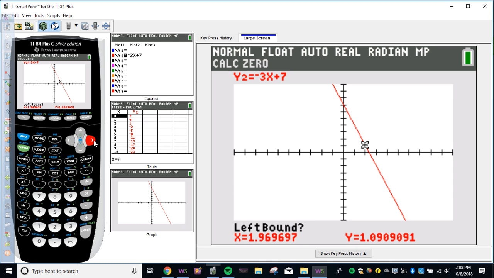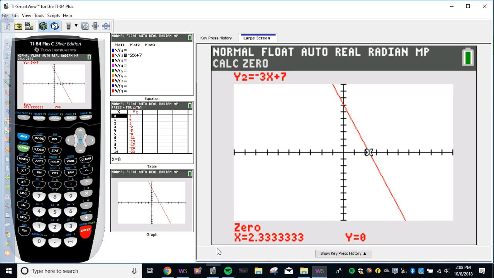My calculator gives me this little dotted line. Now I'm below the x-axis, so I hit enter once more. Then it says guess. It always irritates me that it says that, but it does. And then we get 2.33 down here.